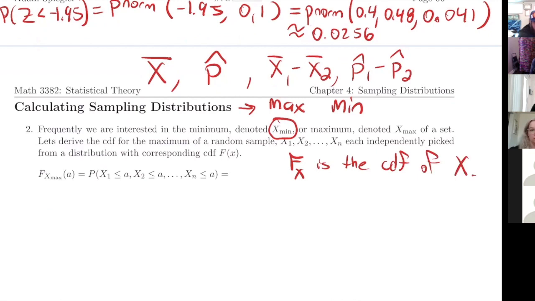So capital F of x is denoting the cumulative distribution function for x. Maybe I'll write it like this to pick a different letter. For example, if I wanted to know the probability that x is less than or equal to a, I could use the cumulative distribution function to calculate that for me.